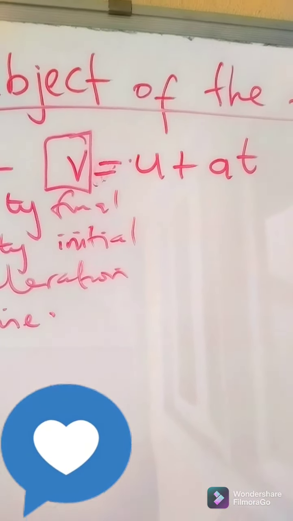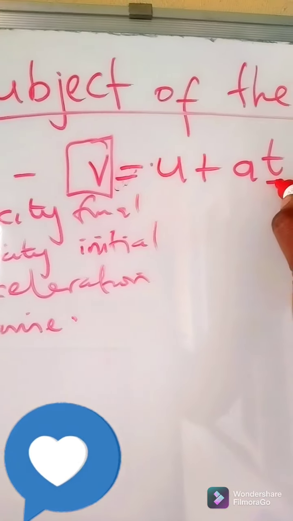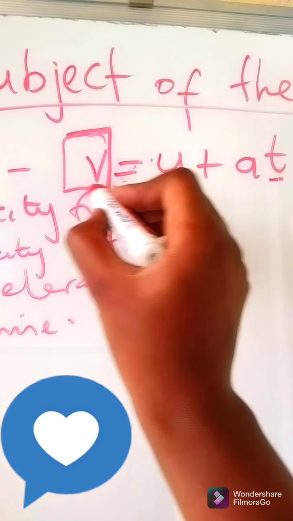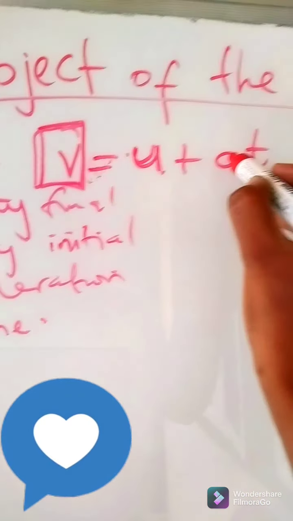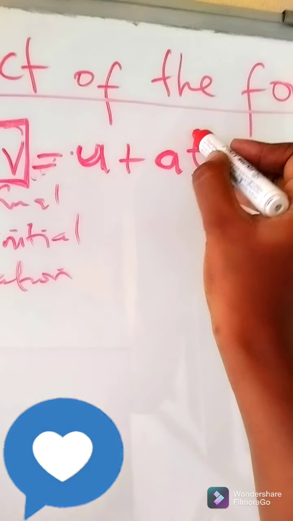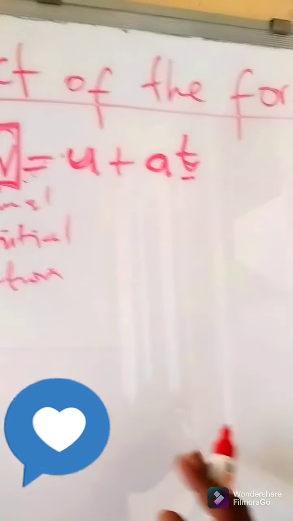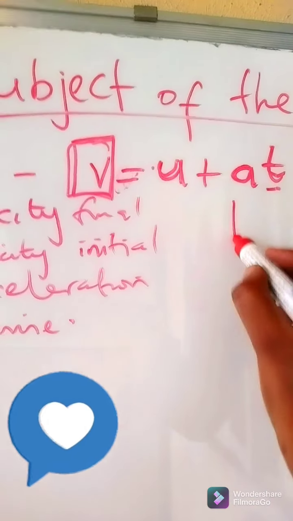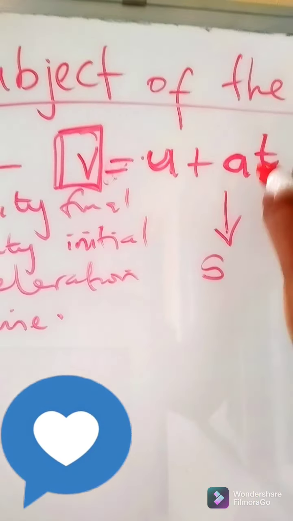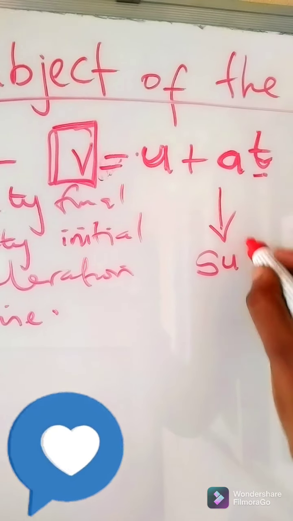So how about if in our question we want to find the time? How do we find that? Maybe we have the velocity, the initial velocity, and the acceleration, but we do not have the time, and we want to find the time.